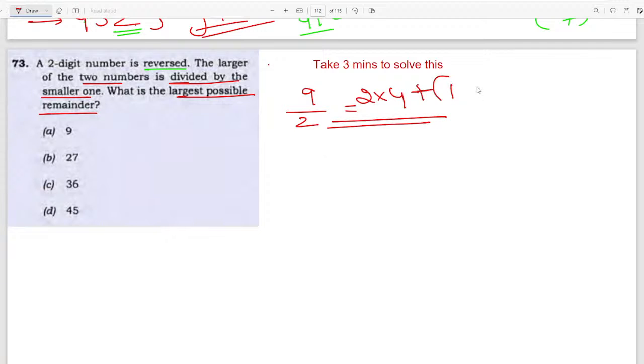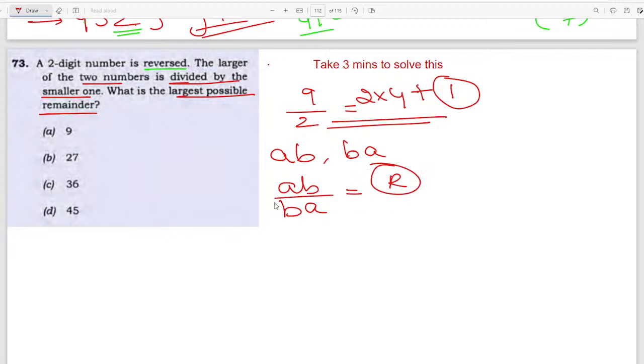So they are asking what will be the largest possible remainder if you use a 2-digit number, AB, then you reverse it, BA, and whichever is largest would be the numerator, AB, and if you divide it by the smallest number among these two, the remainder that you get should be the largest.